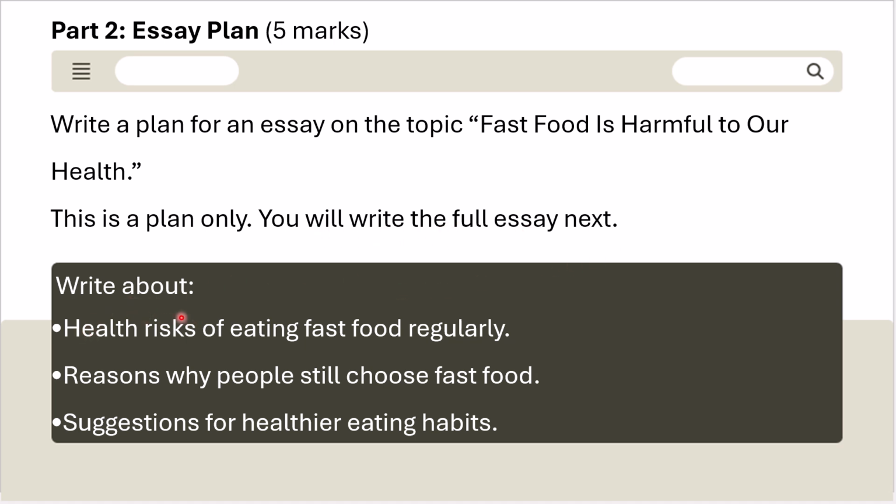Okay, now write about. So these are the bullet points they are asking you. Okay, what are the things you have to mention? Fast food is harmful to our health. In that, health risks of eating fast food regularly, reasons why people still choose fast food, suggestions for healthier eating habits. So, these are the ways which you can look here and write about it.